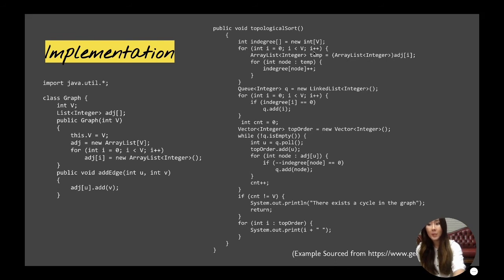On the right side here, we can see the topological sort method, and here we are setting up an integer array to store in degrees of all vertices. Next, in the nested for loop, we traverse the adjacency list to fill the in degrees of vertices.